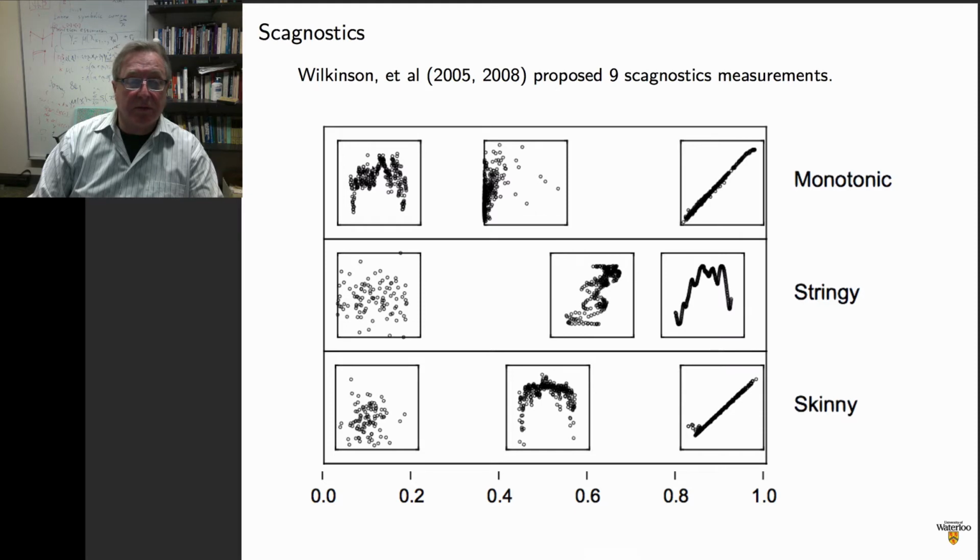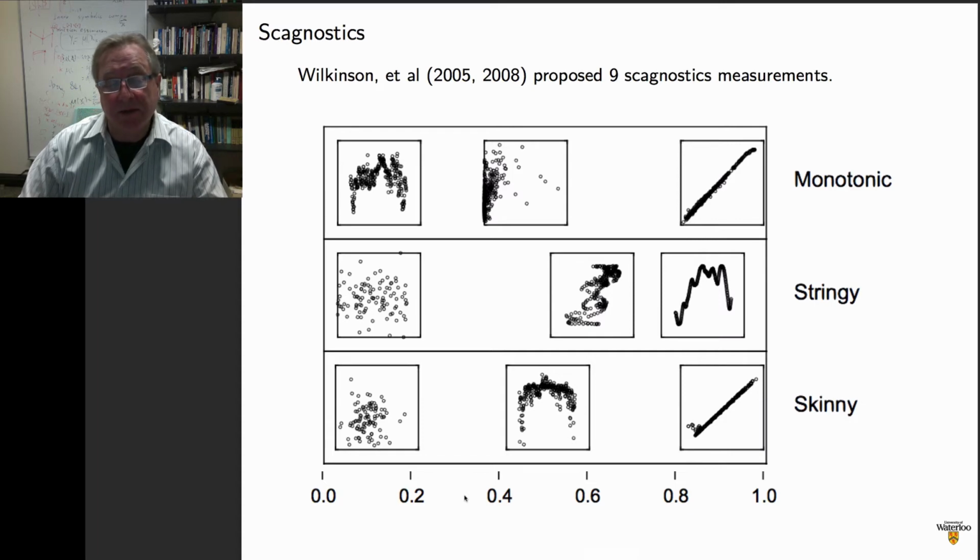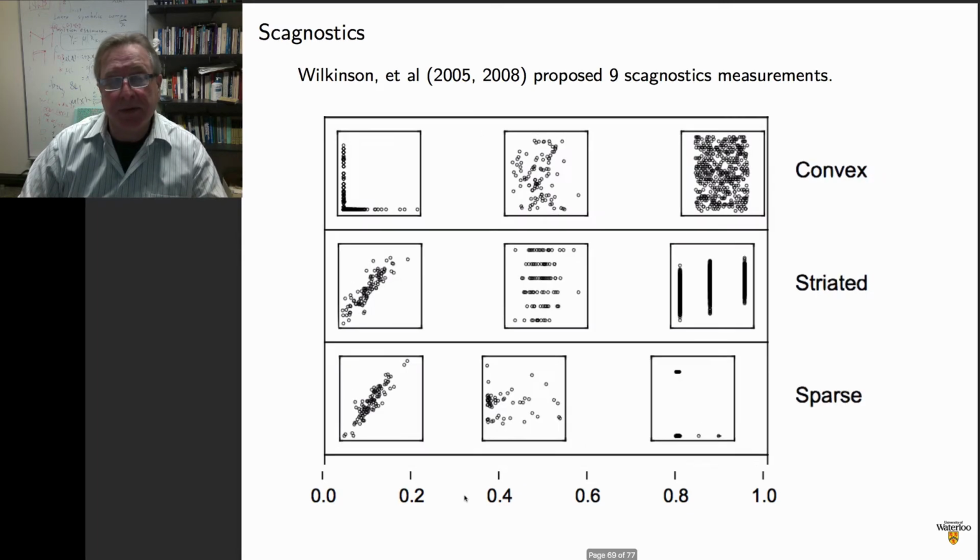So again, we've got extremes: extremely non-monotonic, extremely monotonic, extremely not stringy, very stringy, not skinny, very skinny. They're trying to capture these things, and these are the middle values. All these scagnostics are scaled to be between 0 and 1, with 1 being the high values, and 0 the low, or where that feature is least present.